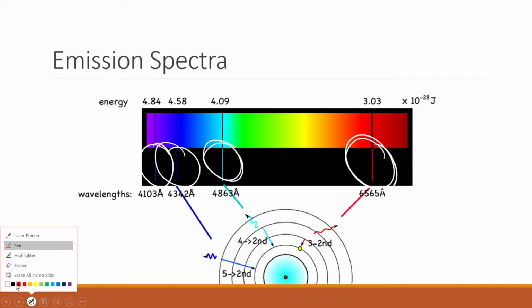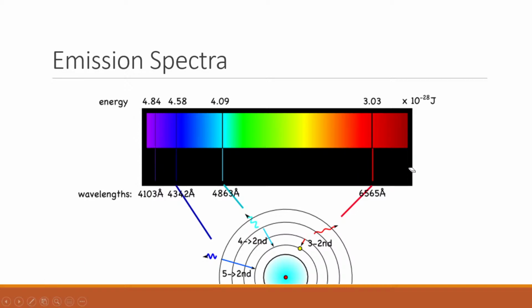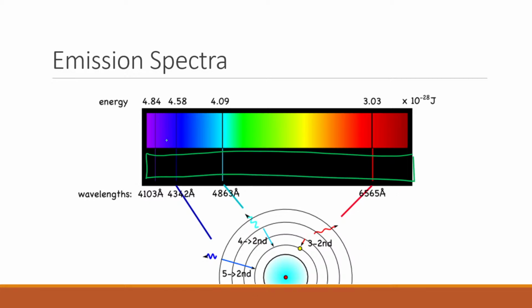Right? They create this set of lines that we can look at and use to identify if I see these 4 wavelengths of light released, this must mean I have this element. We could link that back to the identity of the element.